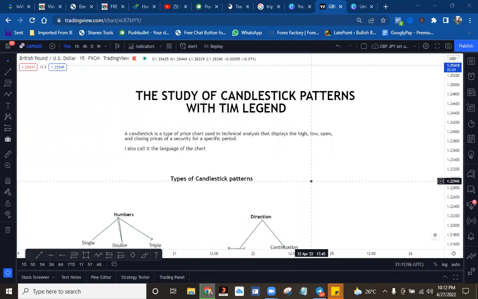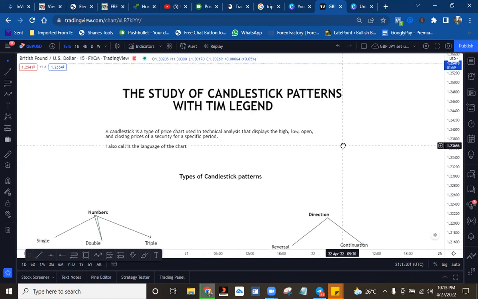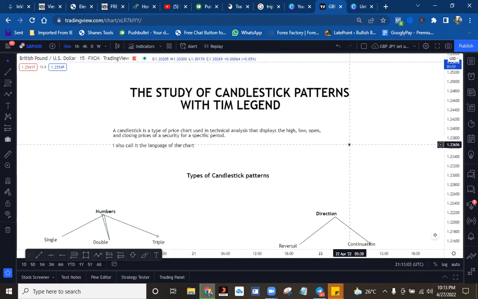All right, so what is a candlestick? A candlestick is a type of price chart used in technical analysis that displays the highs, the lows, the opens, and the closes of price, of whatever you're trading, be it currencies, securities, commodities, synthetics, whatever you're trading.